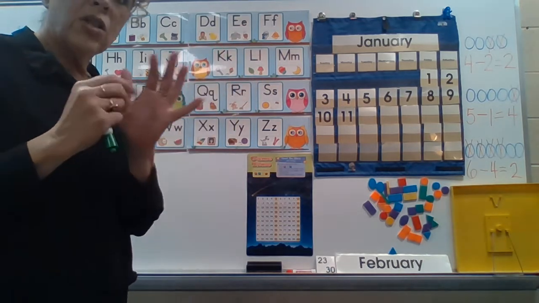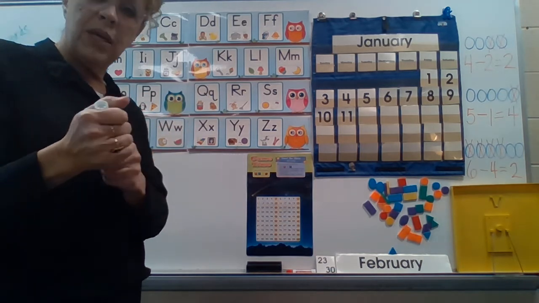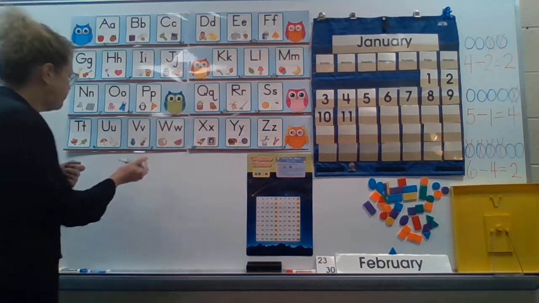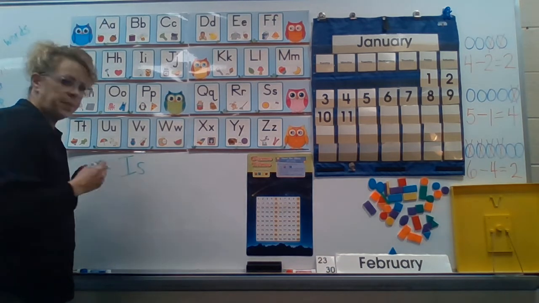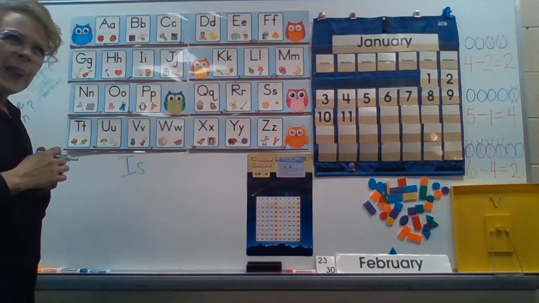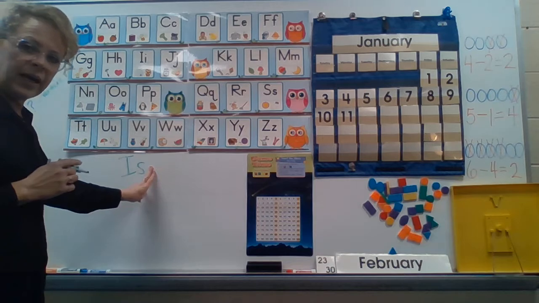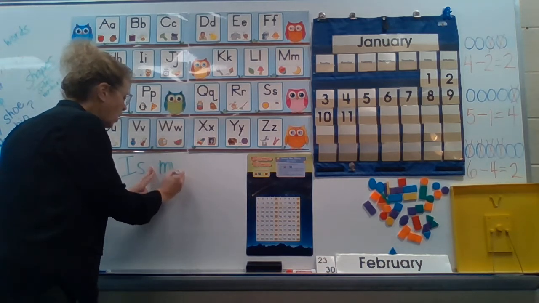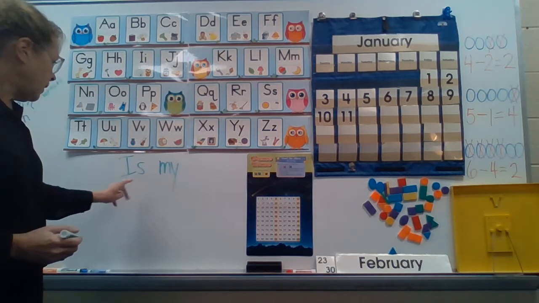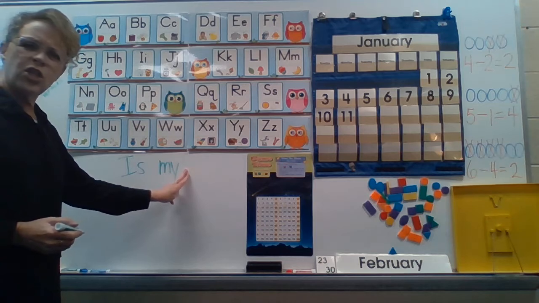All right. So is has an I at the beginning, and we're going to use a capital I because it's the beginning of a sentence. IS. And I'm going to leave a nice space and write my. I hear M at the beginning, and then there's a Y. Is my, leave a good space, shoe.